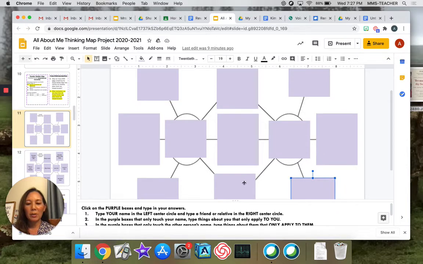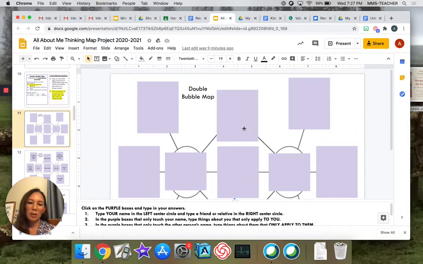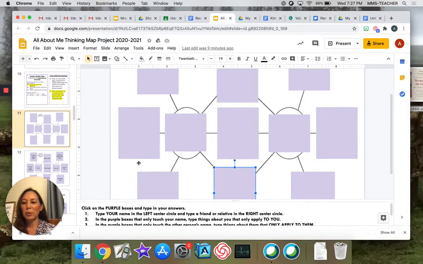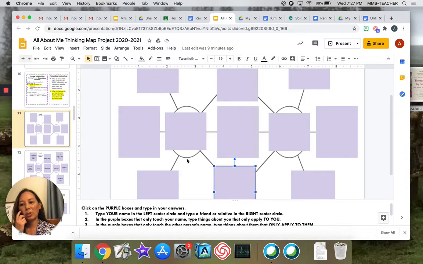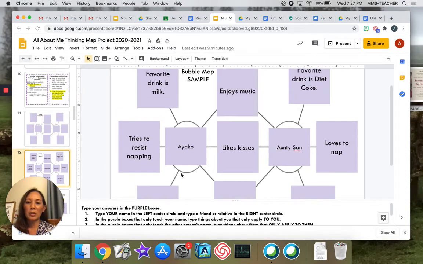Then step 4, the boxes in the middle, you would type things that the both of you, similarities that the both of you have in common. Okay. Now, let me just point out, and I'll show you a sample of one.